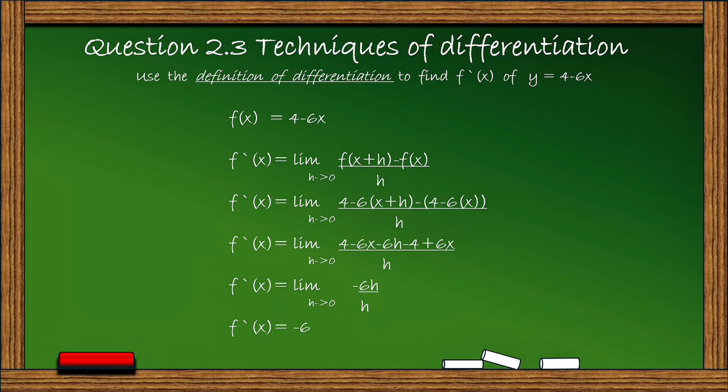Simplifying this difference gives minus 6h. Next, we divide this difference by h, which gives minus 6h over h. Finally, we take the limit as h approaches 0. Since the h cancels out, the result is simply minus 6.